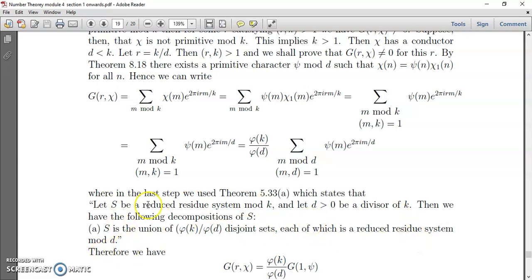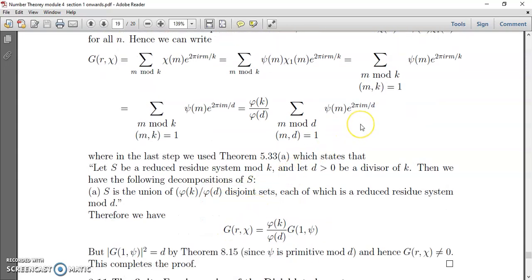So by using this result, we can replace this by the summation over m mod d, with gcd of m and d equal to 1, of psi m e raised to 2 pi i m by d. And for this sum we have a product, phi k by phi d, that will be there. So this can be decomposed as phi k by phi d times this sum, by using the theorem. The result is given here.